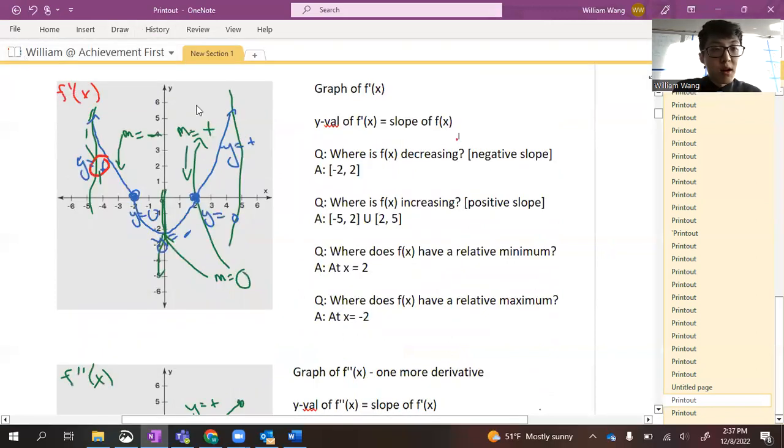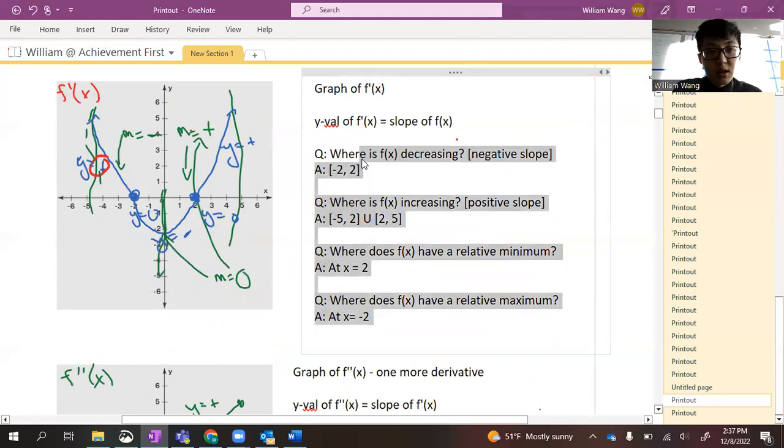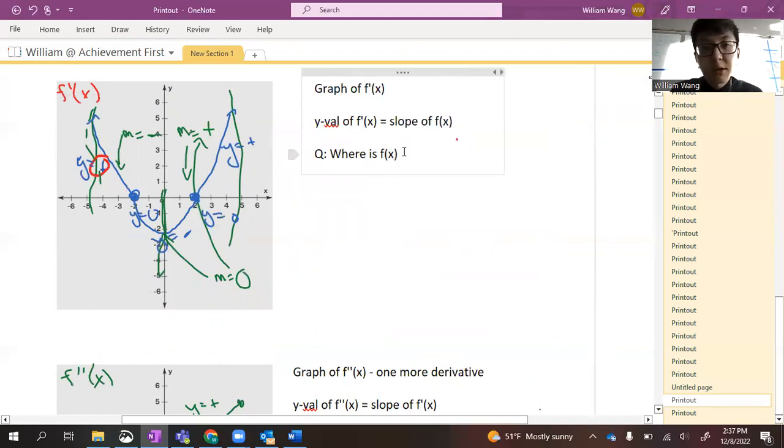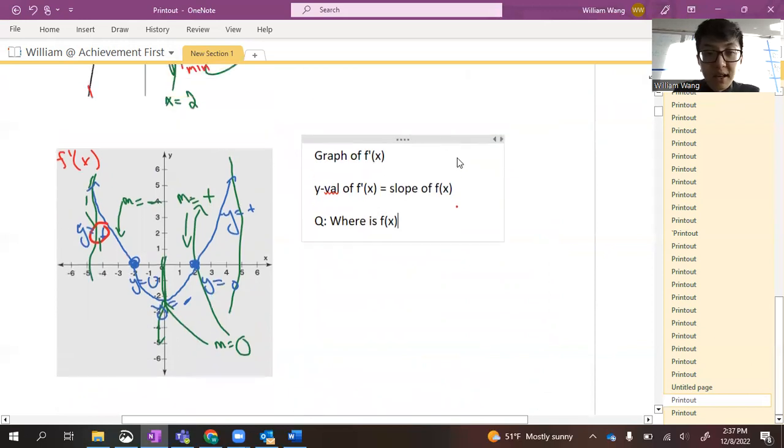Let's think about, here, I'm going to erase some of these and answer a couple more questions. Let's think about now the relationship between f of x and the third graph, f double prime of x. So where's my second derivative? I'll say, where's f double prime of x negative? Right, where's f double prime of x negative? We should be able to answer it just off this graph.